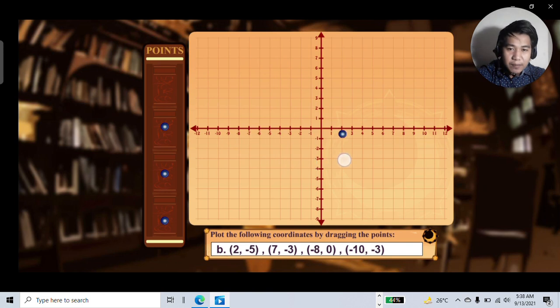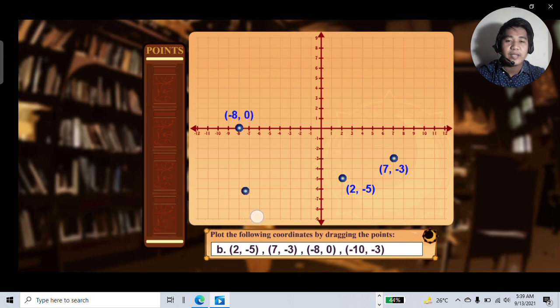More examples. 2 and -5. Then 7, -3. Then -8, 0, which is located on the x-axis. -10 and -3.